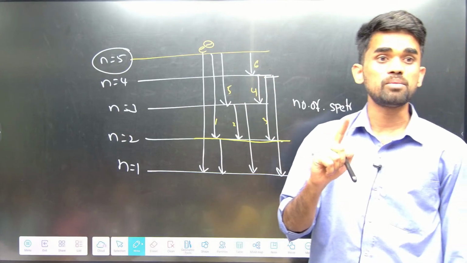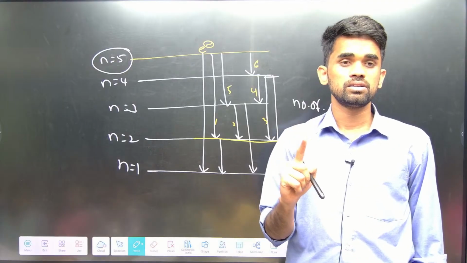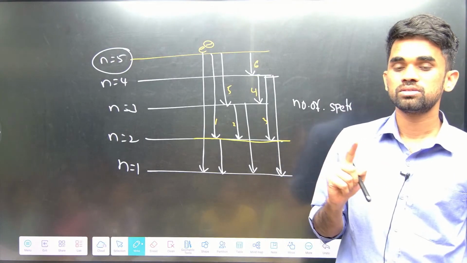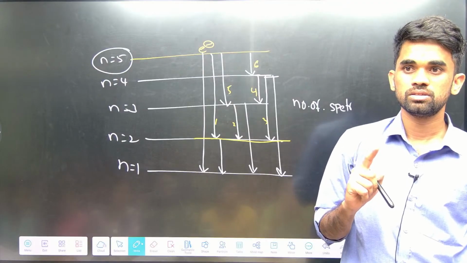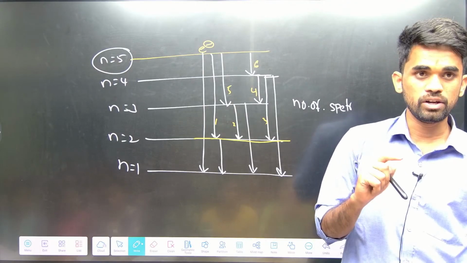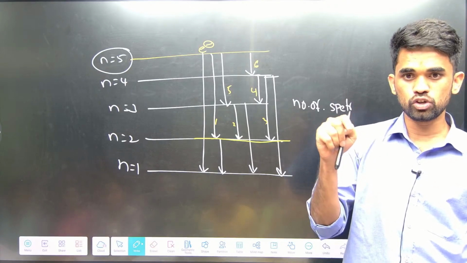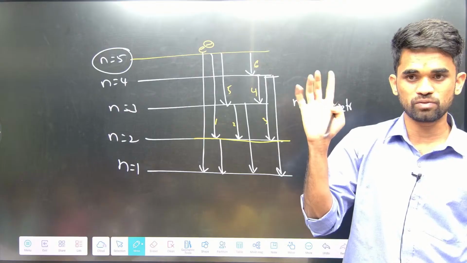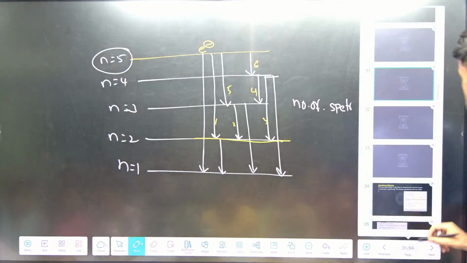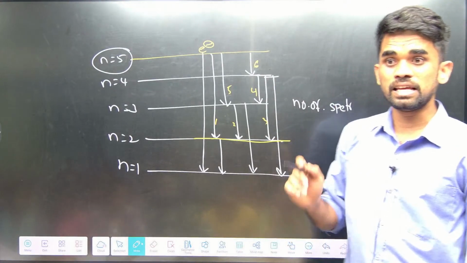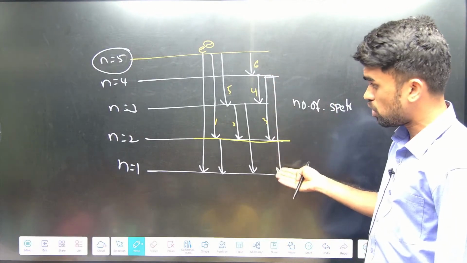So what is the final formula? Half into (n2 minus n1) into (n2 minus n1 plus 1). Next, now these different energy levels you are seeing, the first one, the ground state, is there now.